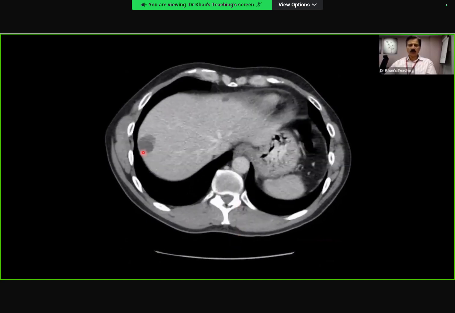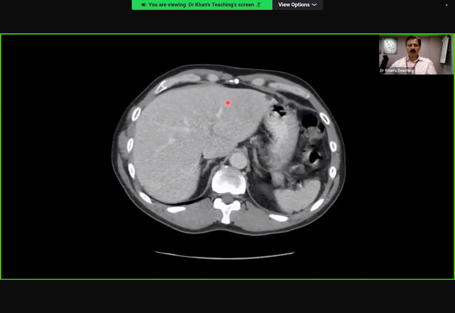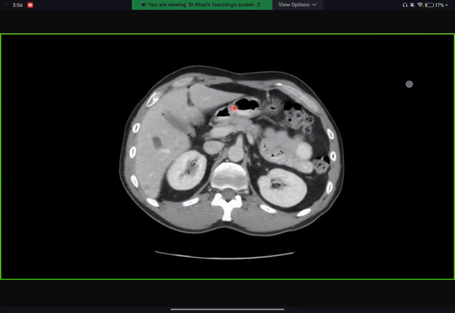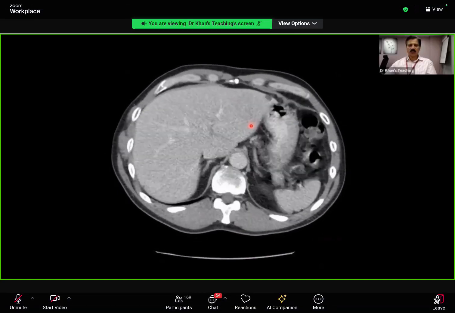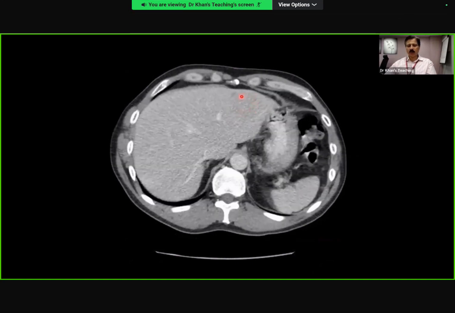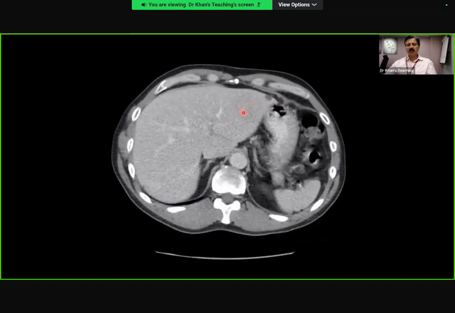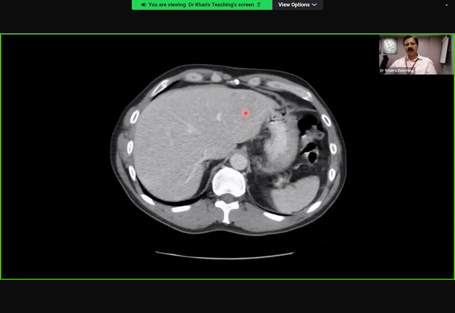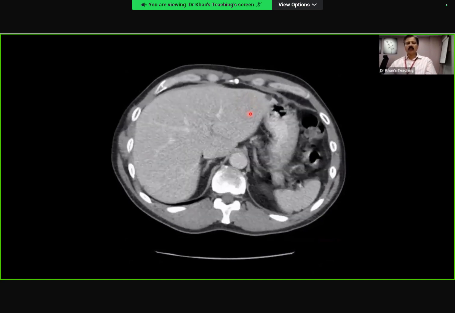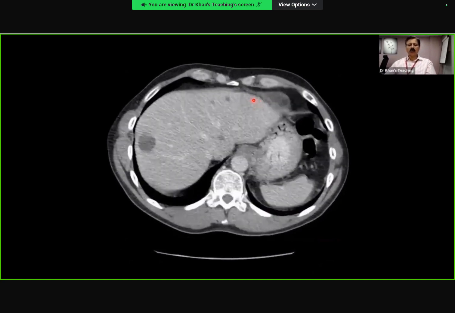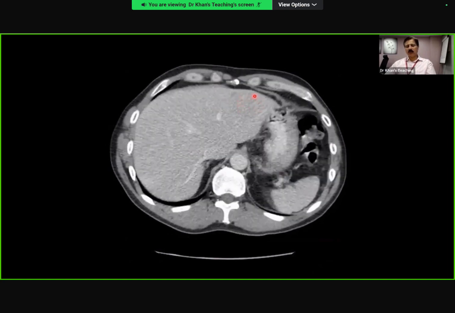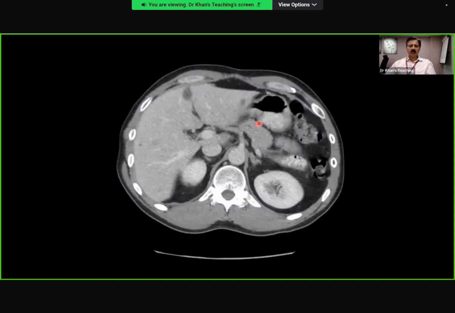Why was it missed? By the way, all of these are simple cysts. There is a metastasis which is sitting actually here where I'm pointing out. And this is just a portal venous phase. And key learning point here is that in the end, I will show you a liver window, and on liver window, you will see it. So that's the point to remember, but I'll come back to this metastasis.